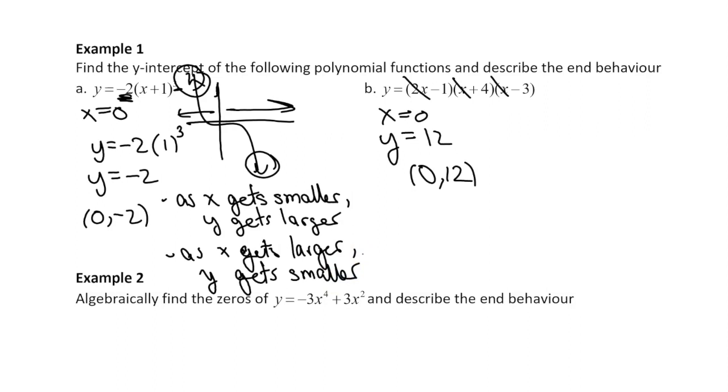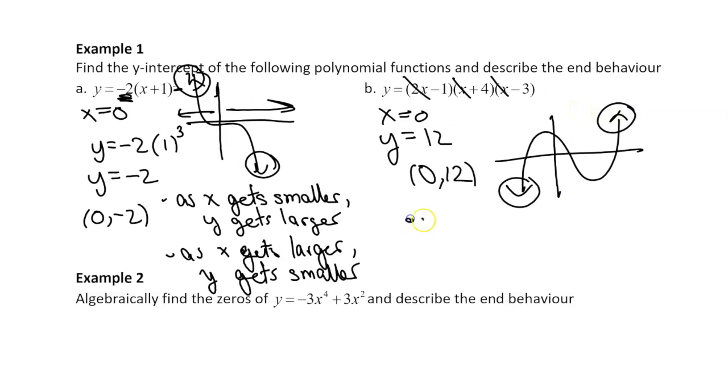Okay, now for this next example, part B, we have a positive cubic function. Again, this is just a sketch. It's not exactly describing what that is, but we know that it is a positive cubic function. So you could say, as x gets smaller, as x goes to the left, your y values continue to point down.